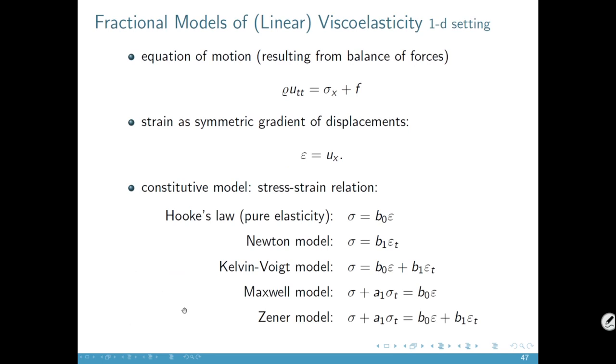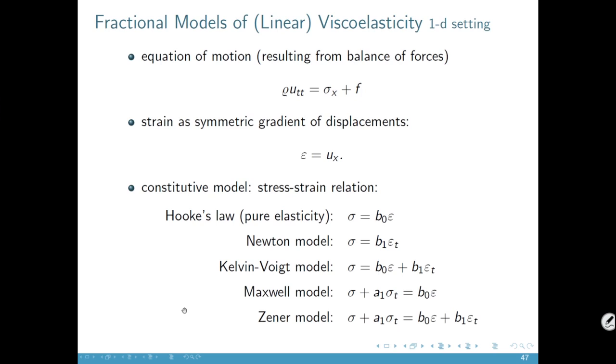So here's the 1D version, because it's simpler to explain, so we don't have a tensor, just a single scalar stress, sigma here. And the relation between the stress sigma and the strain epsilon, in the most familiar and simple case, is given by Hooke's law. That's just plain elasticity. But one can also connect stress and strain rate, or a combination of stress and strain rate, and all kinds of combinations.